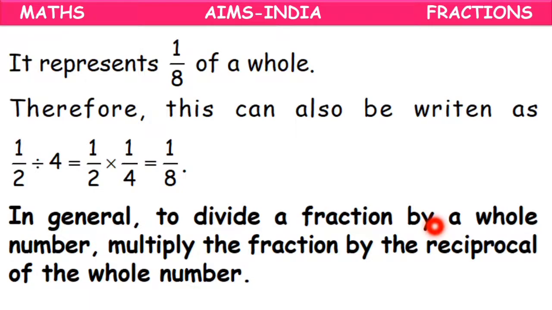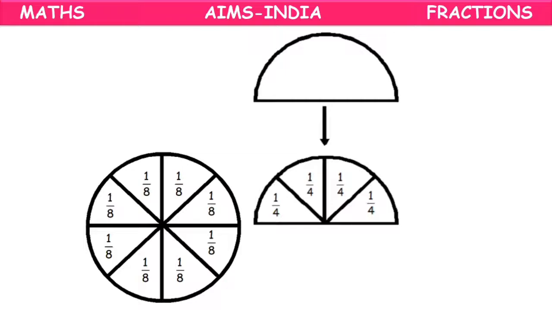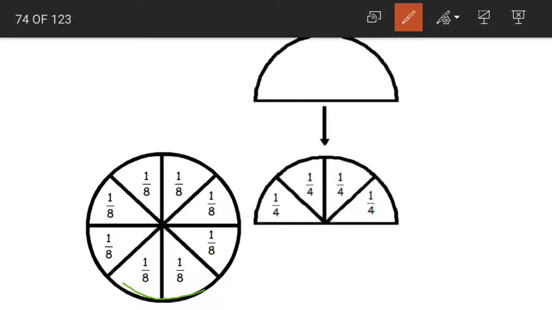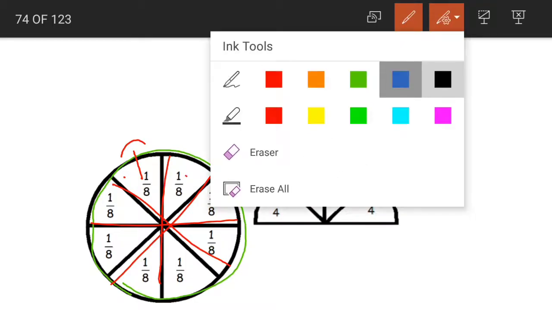Now what was this? This was a division of a fraction by a whole number. Yes, see, if you look at the whole of the watermelon, if we divide it like this each part here represents 1 by 8. From this we are taking how much?